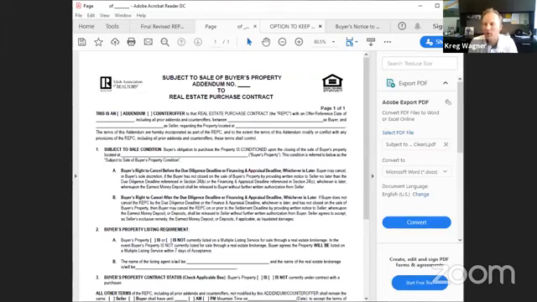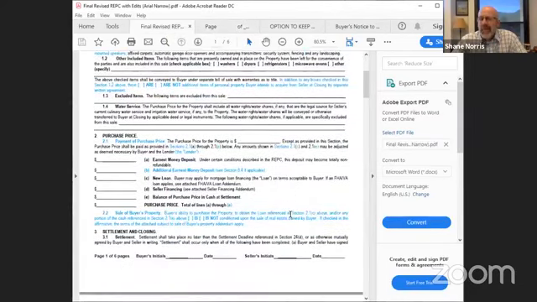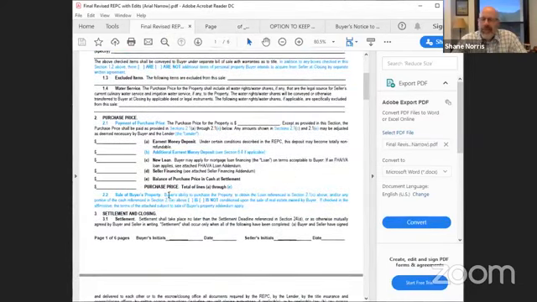I think that's a great question to start off with, because you sort of have to go back in time. The last iteration of the real estate purchase contract that was approved by the Utah Division of Real Estate included new language, section 2.2, that required the buyer to disclose whether or not they needed to sell a property in order to purchase this property.